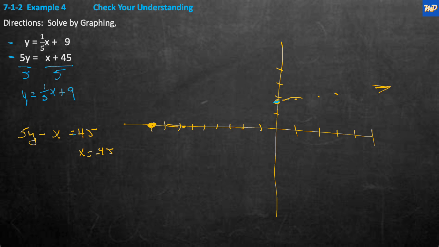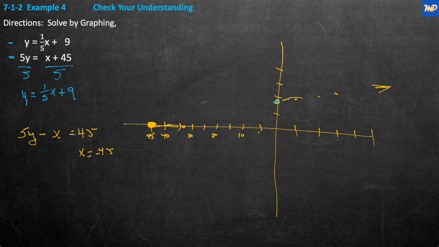Okay, let's see if we can go with this. This is gold. I'm using gold right here. So if I said 5, 10, 15, 20, 25, 30, 35, 40, 45 right here, right? 45.